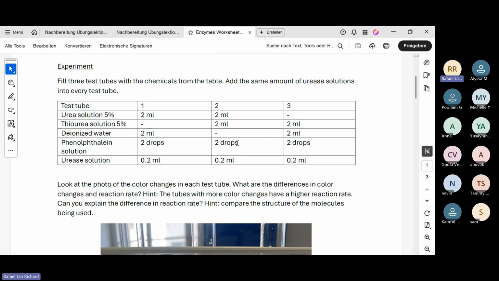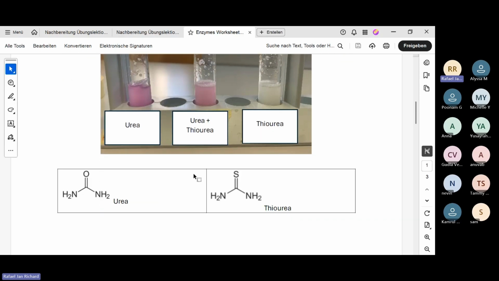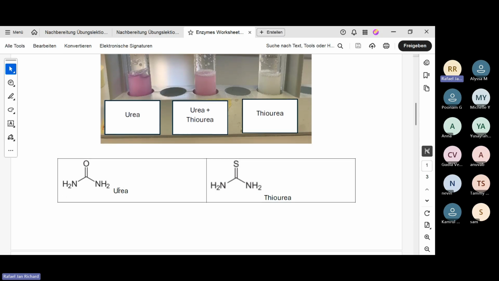You have the instruction for how the experiment works, and then at the end you have to interpret the results. For example, here is a color change and here not, and then you have to explain the results with the different molecular structures of the substrate molecule and the similar molecule.